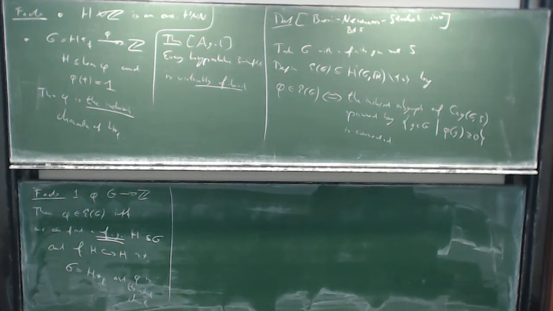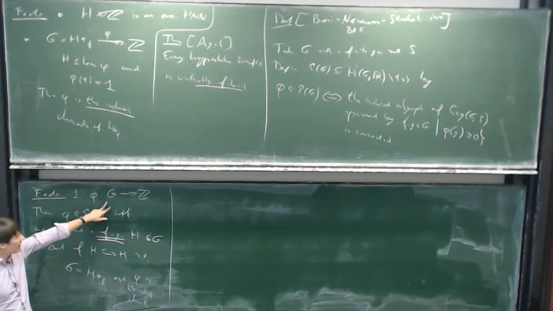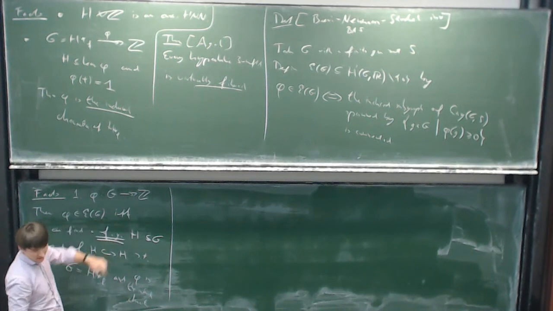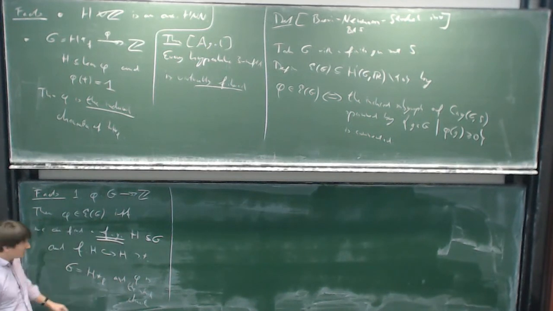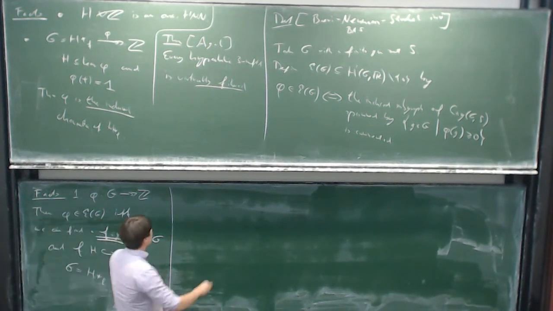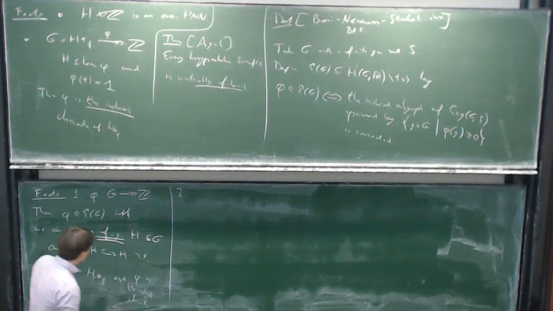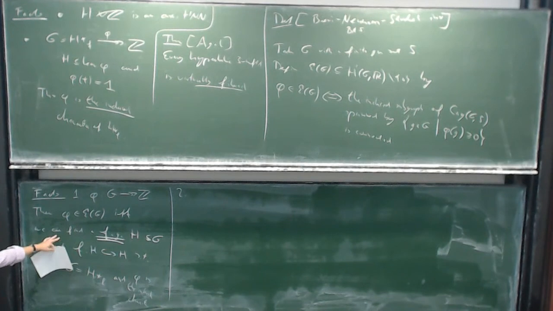So again, I stress H has to be finitely generated. If you don't assume that, you can always do it. Every character to Z has a kernel. You can write G as a semi-direct product of the kernel and Z. Okay, that's not good enough, right? Finitely generated. Okay, so this is the characterization. In fact, the definition would be completely useless for us, and this is really what we want to focus on. Okay, so this is the sort of characterization that we care about.